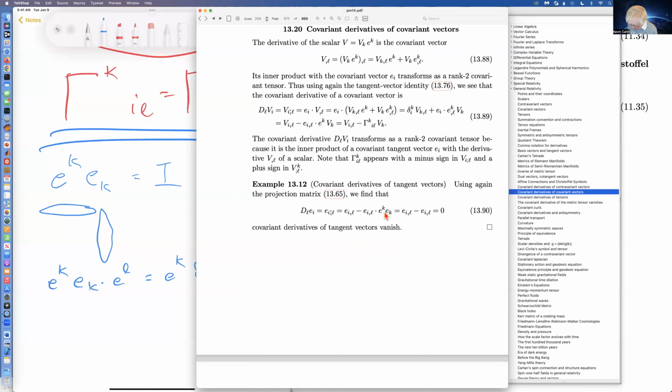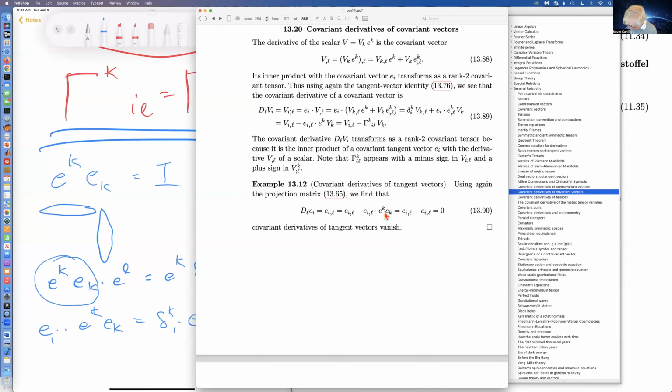That is to say that this thing is an identity matrix in the sense that if we dot it into EL, we get EL. And on the other hand, if we take, say, EI and dot it into E upper K, that is delta KI EK, and so that is E lower I.